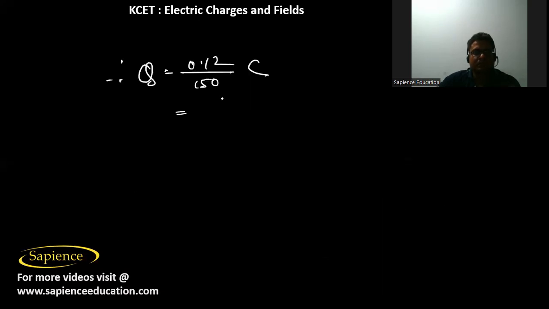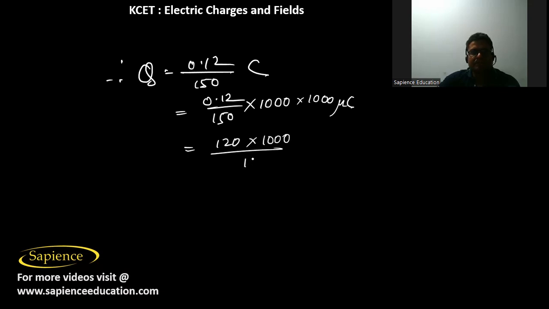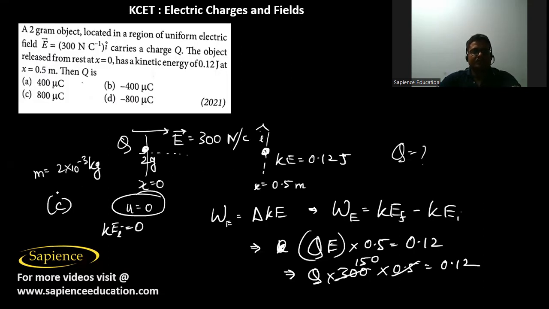The answer is given in microcoulomb, so I can say this is 0.12 by 150 into 10 power 6 microcoulomb. So this will be 120 into 1000 by 150 microcoulomb. The 0 will cancel, 3 4s are 12, 3 5s are 15, 5 2s are 10. So this is 800 microcoulomb. So option C is the correct answer.